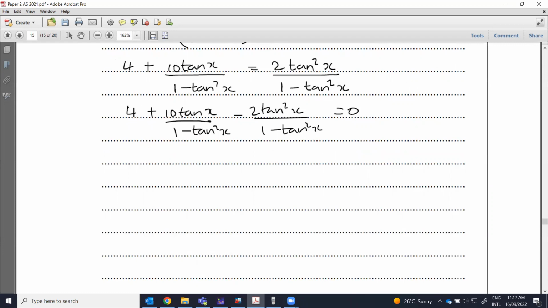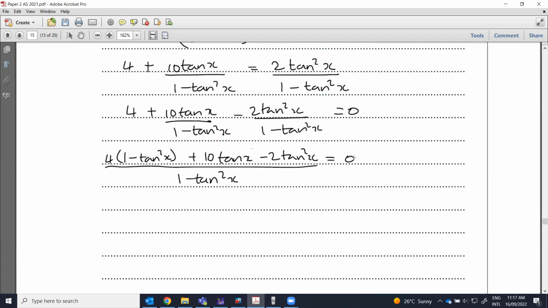Even the 4, I can make it over 1 minus tan squared x. So I have 4 times 1 minus tan squared x plus 10 tan x minus 2 tan squared x equal to 0, but everything is over 1 minus tan squared x.